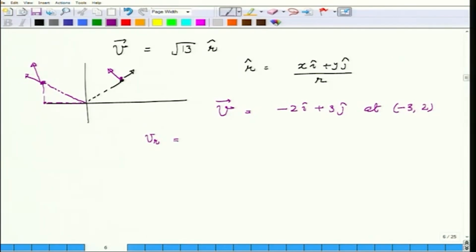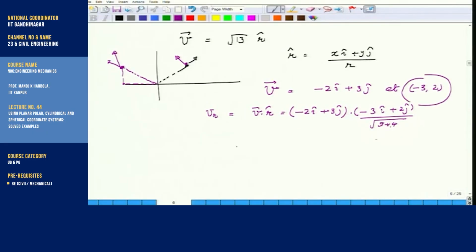Let us calculate Vr, which is going to be v dot r unit vector, which is minus 2i plus 3j, the velocity, dotted with the unit vector, which is minus 3i plus 2j divided by r, which is square root of 9 plus 4. So this comes out to be 2 times 3 is 6, 3 times 2 is 6, 12 over square root of 13. So Vr is this. How about V phi?